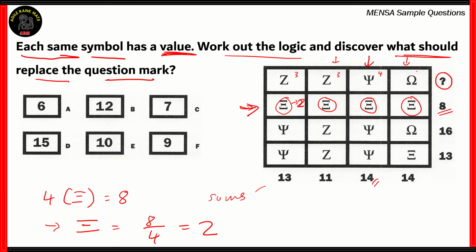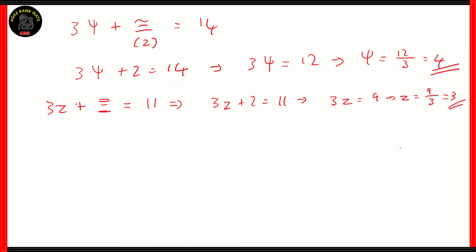Finally, if you look at the fourth column, you've got 2 omegas and 2 symbols with 3 lines. So basically 2 omega plus 2 times the symbol with 3 lines. Its total value is given as 14. So that means it's basically 2 omega plus 2 times 2, which is equal to 2 omega plus 4, which is equal to 14.